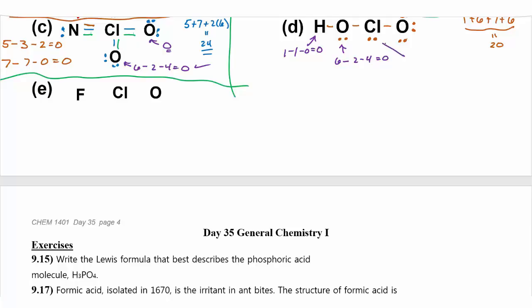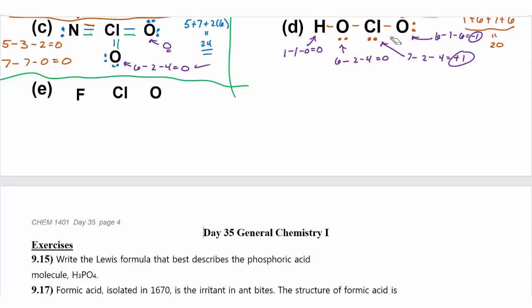How about my chlorine? 7 valence minus 2 bonds minus 4 lone electrons. That's a positive 1. And this oxygen hopefully will come out to be a negative 1. 6 valence minus 1 bond minus 6 lone electrons, negative 1. So let's see if we can improve that by moving in that double bond.